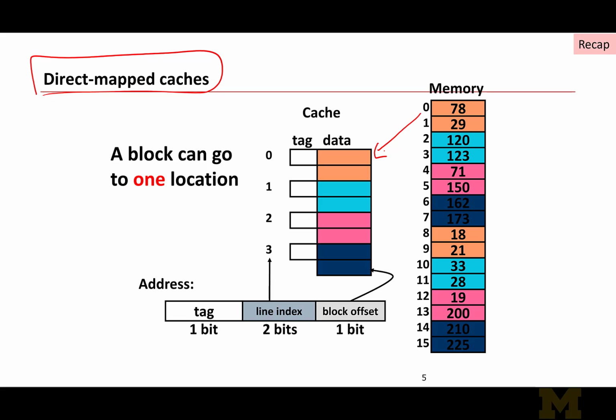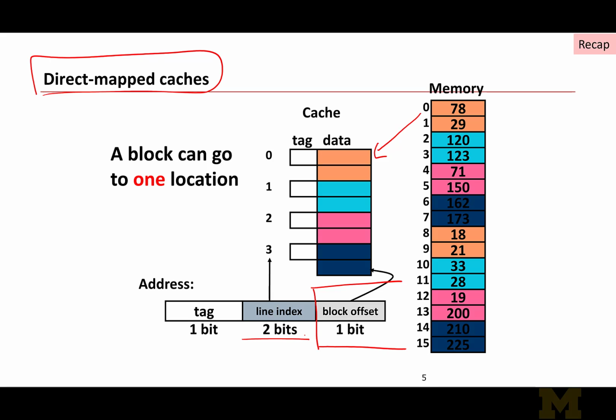So the way we accomplished that was by taking the address. We can't really do anything with the block offset, so that's gone. And we grab the remaining least significant bits, as many as we need, to create an index into the cache. So we treated the set of cache lines like we would treat an array in a normal C program.